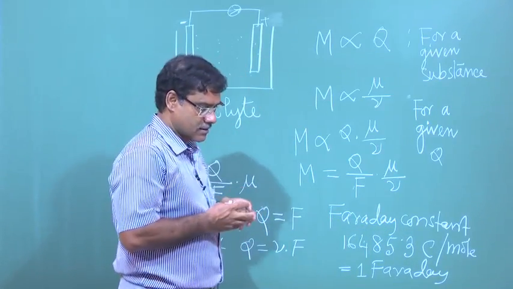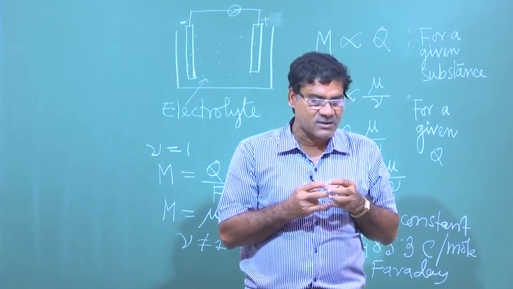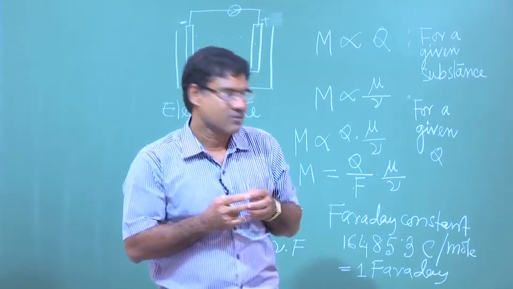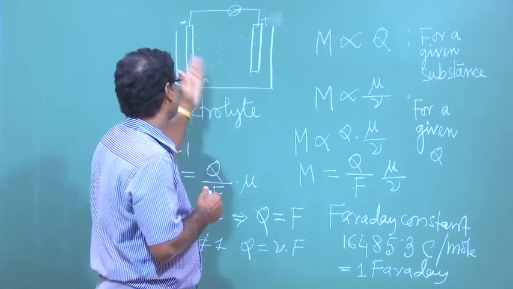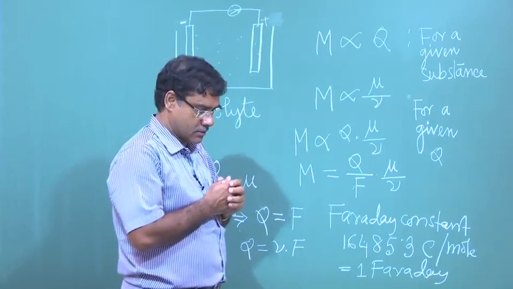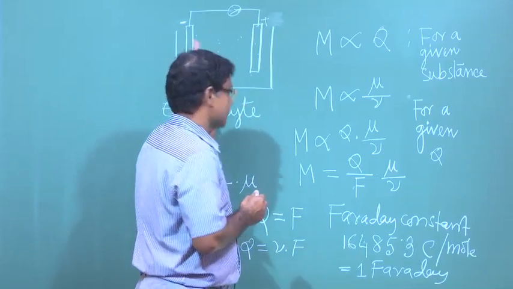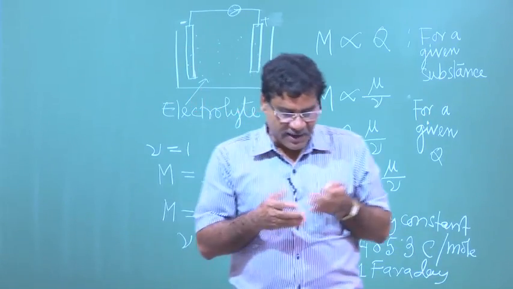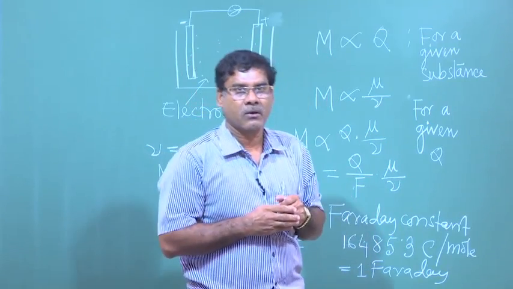These atoms have some charge or electricity attached with the atom, and the charged atom moves towards the electrode, and after reaching the electrode, the mass of that atom is liberated or deposited on the electrode. This kind of implication one can get from Faraday's laws of electrolysis.